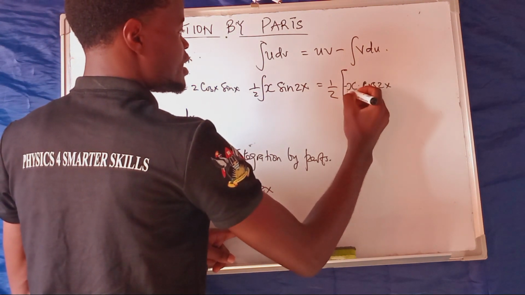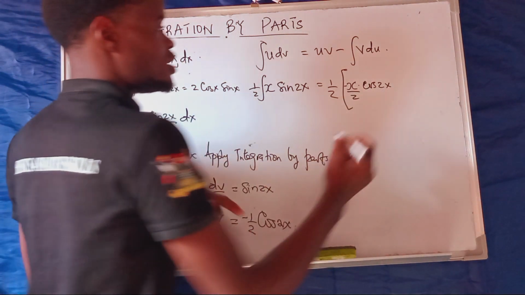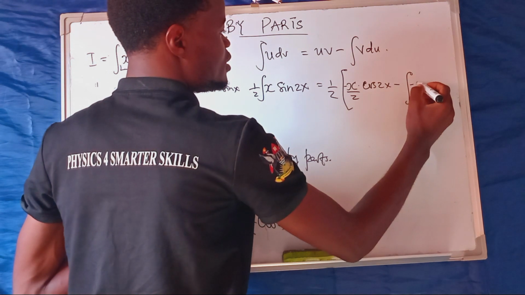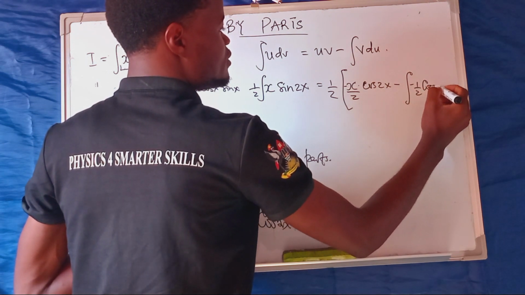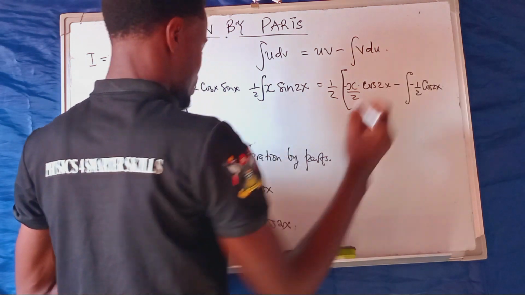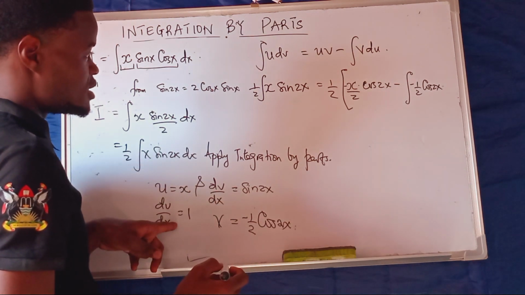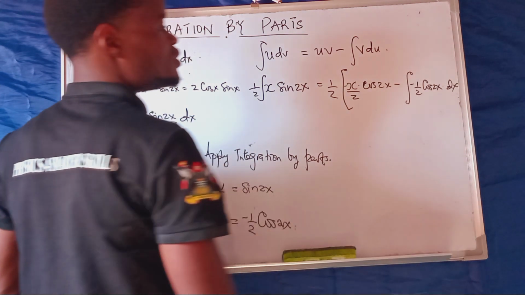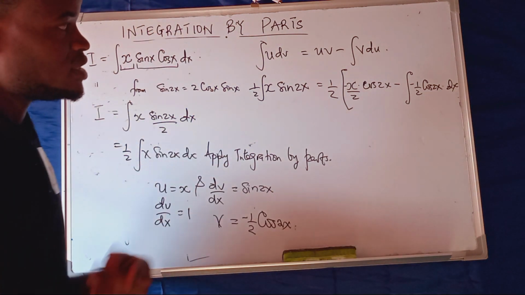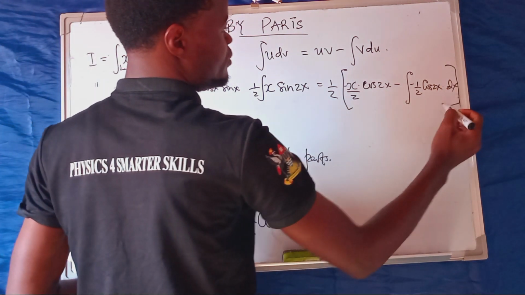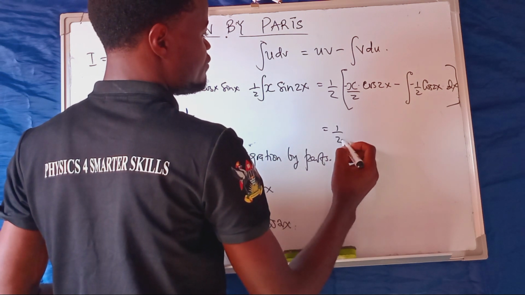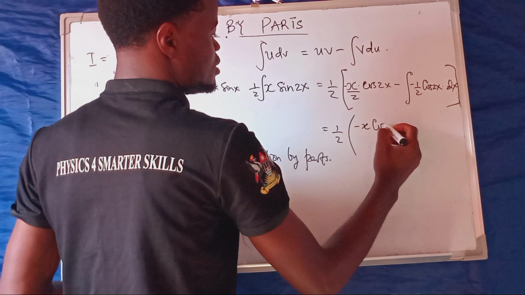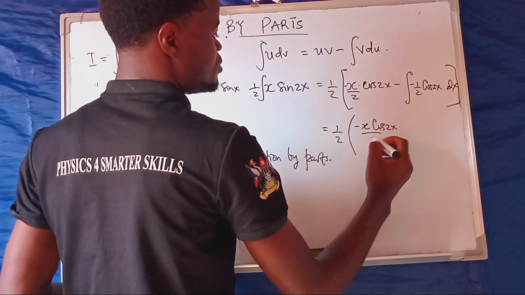So I'll put a minus here, then divide by 2, then minus the integral of v, minus a half cos 2x. Remember du dx is 1, then with respect to x. So we have a closing bracket there. So we have a half into minus x cos 2x over 2.